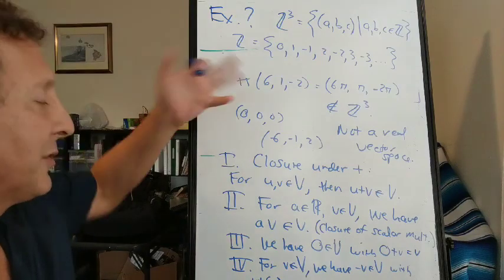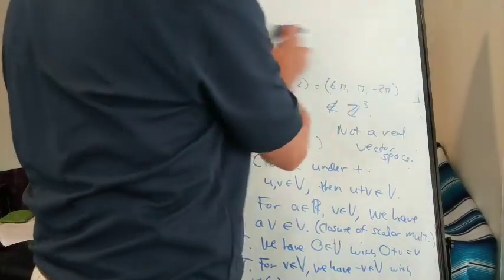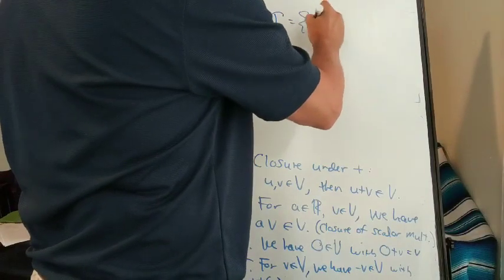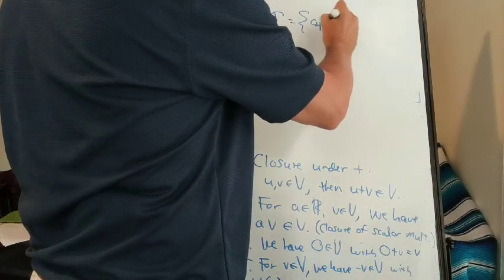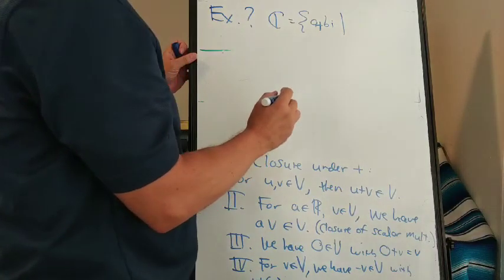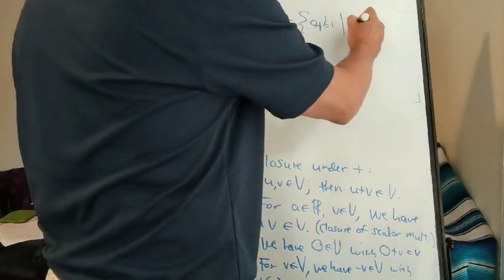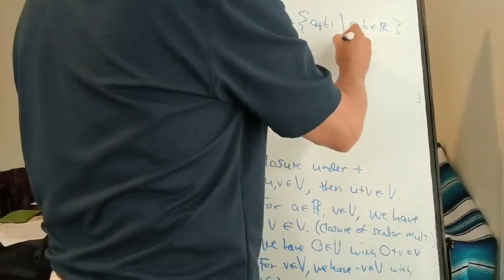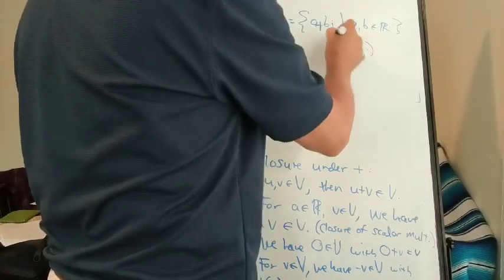Speaking of complex numbers, let's try the complex numbers. So the complex numbers are all the numbers of the form a plus bi, where a and b are real, and i squared is equal to negative 1.